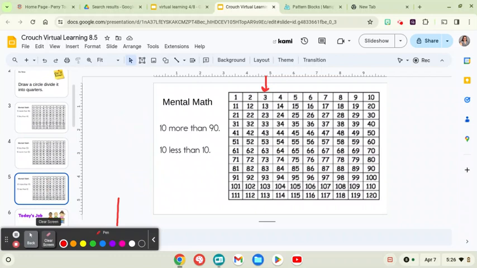Okay, I'm going to look at 90. 10 more than 90. Okay, I'm going to find 90 on my number grid. 90. Oh, I found it. 10 more tells me my number is getting bigger. So I'm going to go down 1, 10 more than 90 is 100.